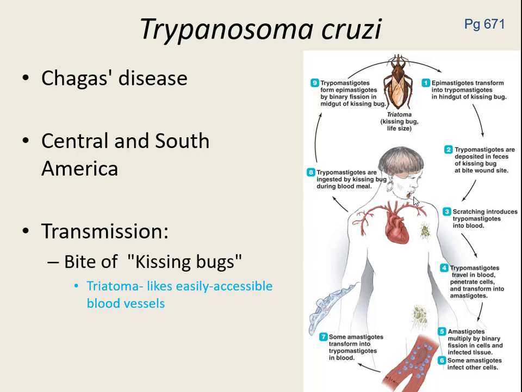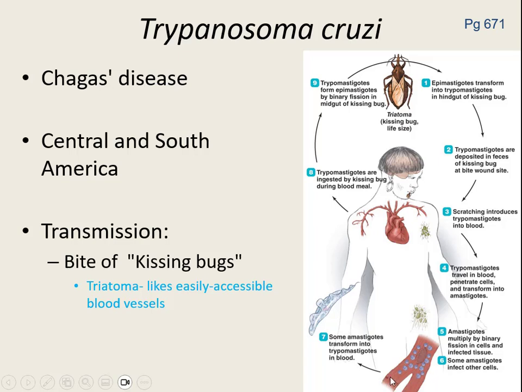Now, when it feeds on you, it does deposit one of the stages of this particular protozoan into your blood. It will then travel through your blood. It will grow and develop, because again, it goes through multiple stages as it's developing. But one of the places it does like to grow and develop is in cardiac muscle tissue.